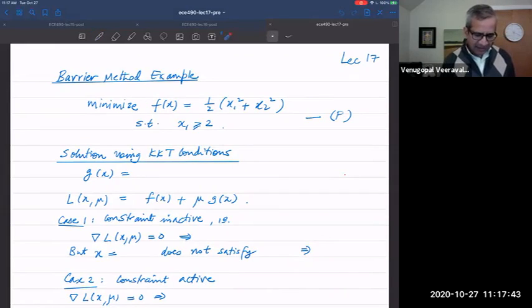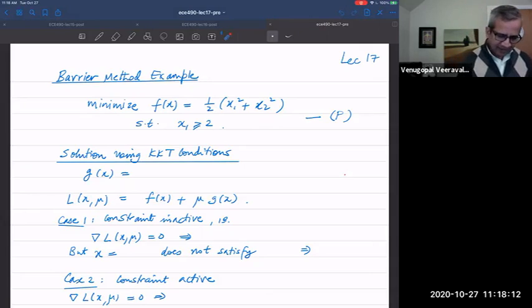You can easily guess the answer, because you want to make x1 squared and x2 squared as small as possible. So you can immediately guess that the solution to this minimization problem, with x1 greater than or equal to 2, is just setting x1 equal to 2 and x2 equal to 0. That's not hard to see, but we can actually prove this using KKT conditions. Let's do it formally, just to convince ourselves that that's the right answer.